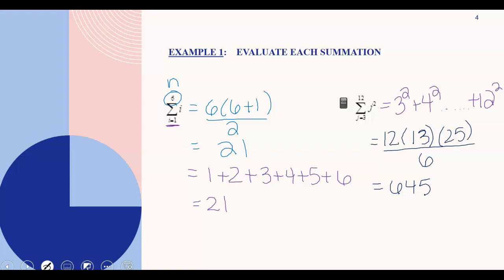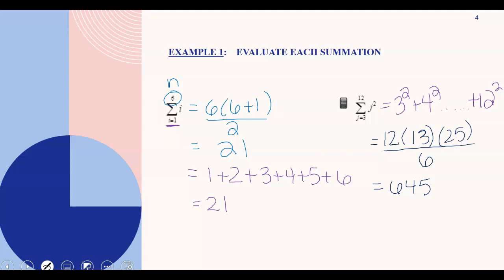And then example 2, evaluate the following summations. So again, it would be that same idea. And if you were doing it by hand, you would have to use your two formulas and do subtraction.